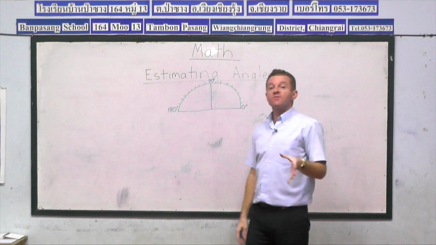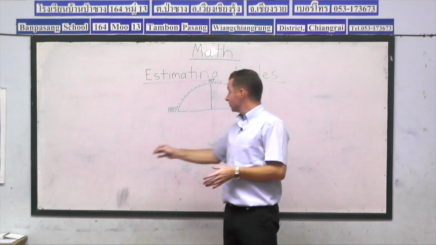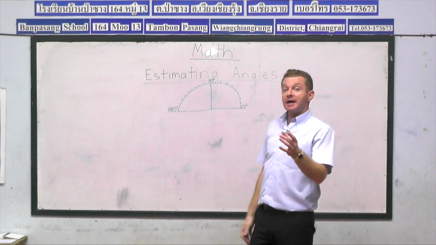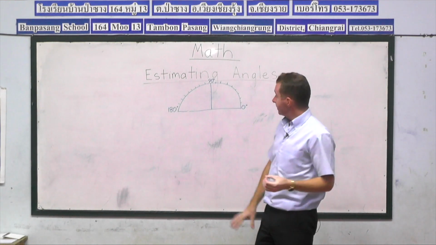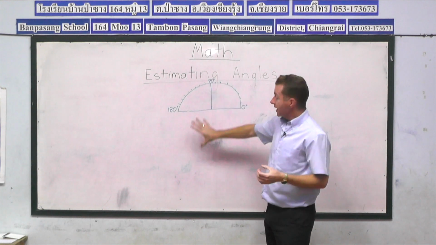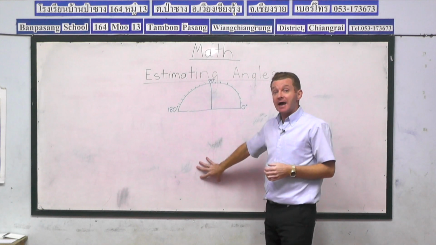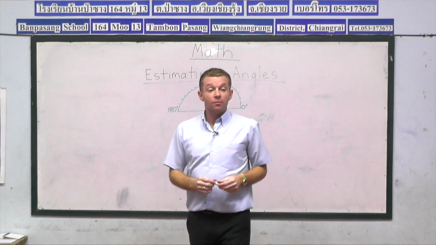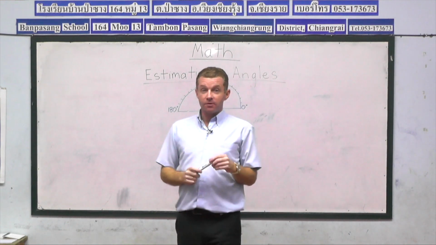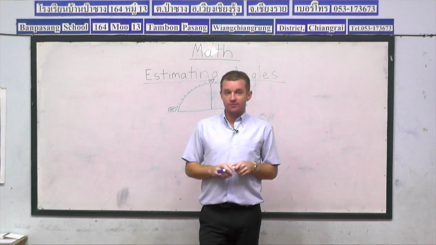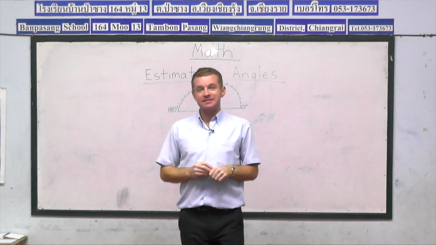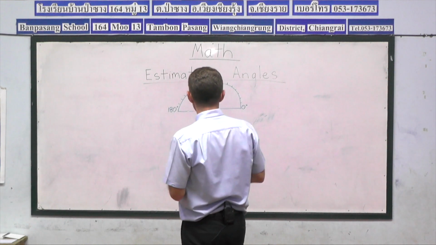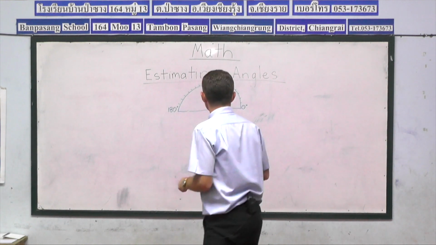So what you need to do, teachers, is to draw angles of different sizes and have a student come forward each time, look at the protractor, and then estimate the size of the angle based on the different readings.